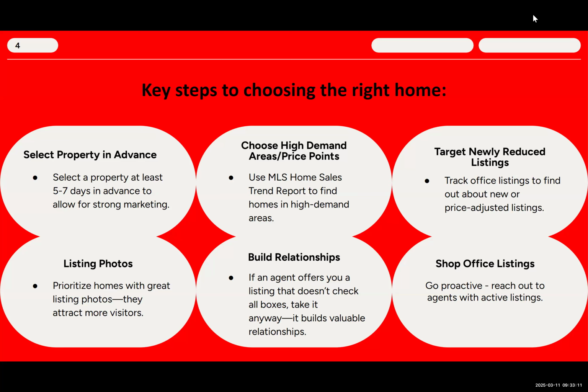If not, then target one that is newly reduced. Even if it's been on the market for a while. Maybe it's been on the market 60 days, 90 days, but it just had a significant price drop. Then it's probably now in front of a new pool of buyers. They haven't seen this house.